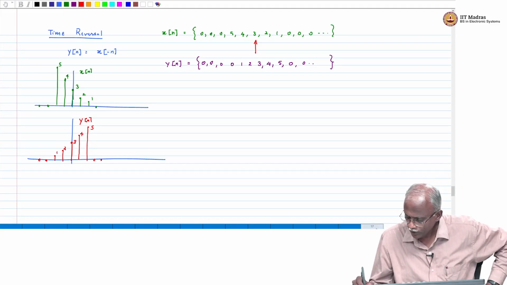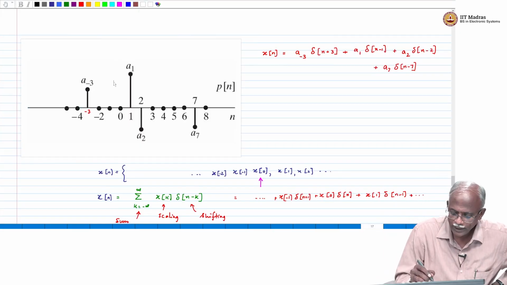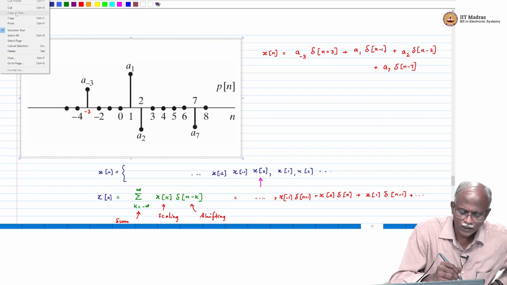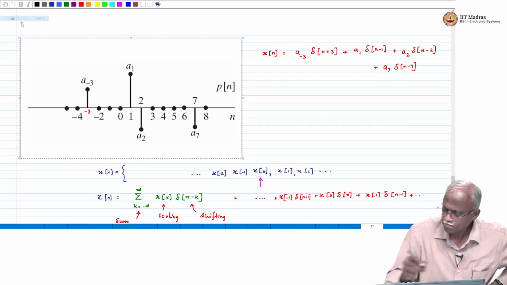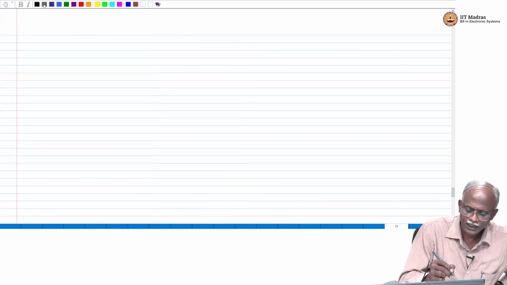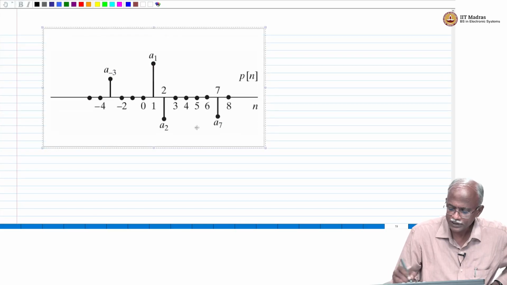What I would like you to do is to take this particular example and do the time reverse signal. Okay, let's do a quick check and look at the time reverse signal.